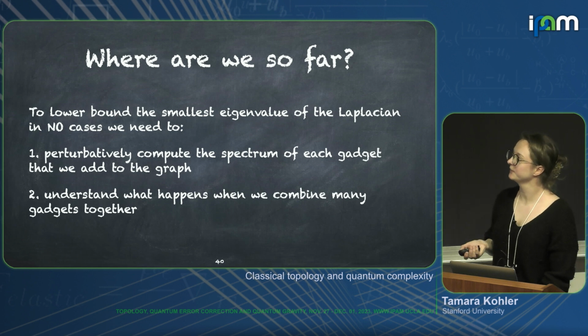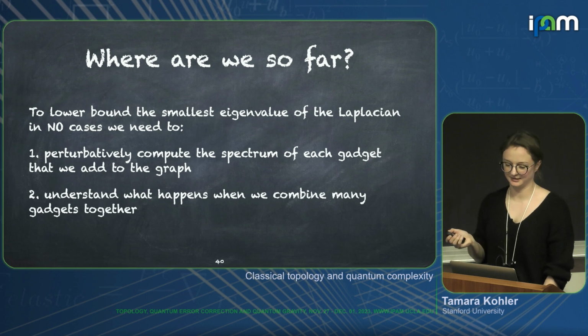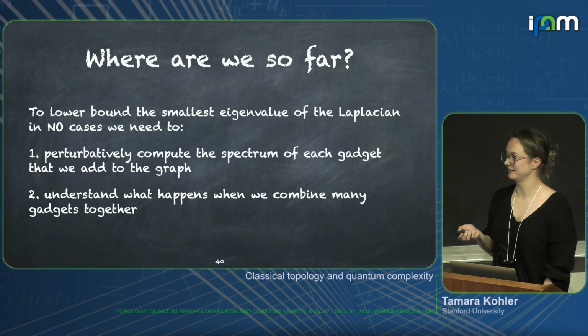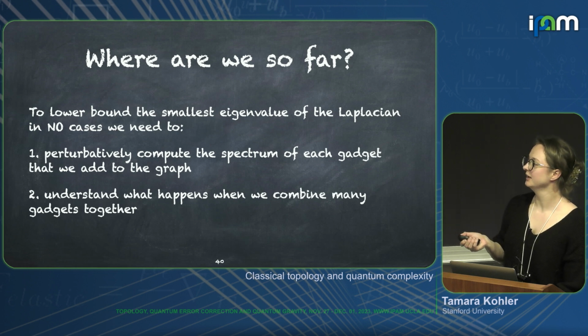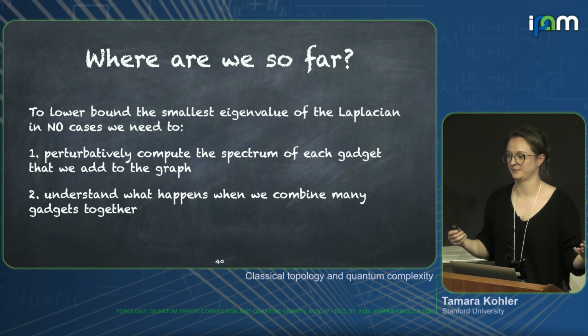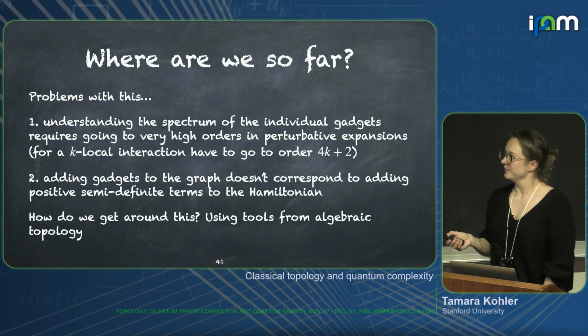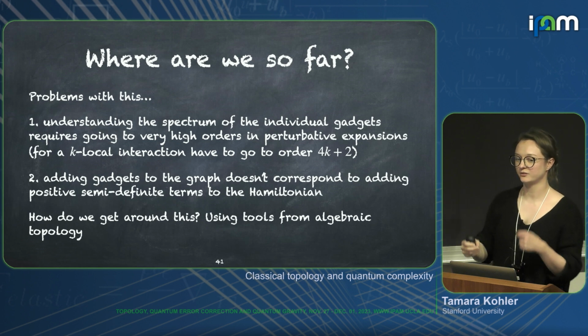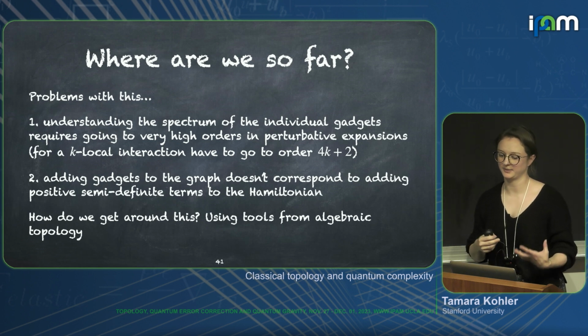The answer is no, and that's because there are a couple of subtleties that come up here that you don't get in standard complexity theory. The first one is, I've said we need to perturbatively compute the spectrum of each gadget that we add to the graph. Okay, so let's just use standard perturbation theory. Except we can't really, because understanding the spectrum of the individual gadgets doesn't require just going to first or second order in perturbation theory.